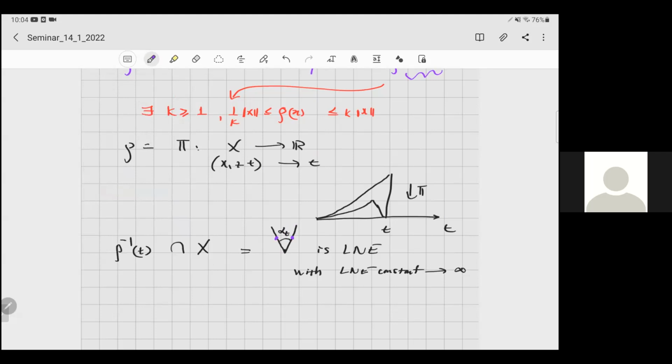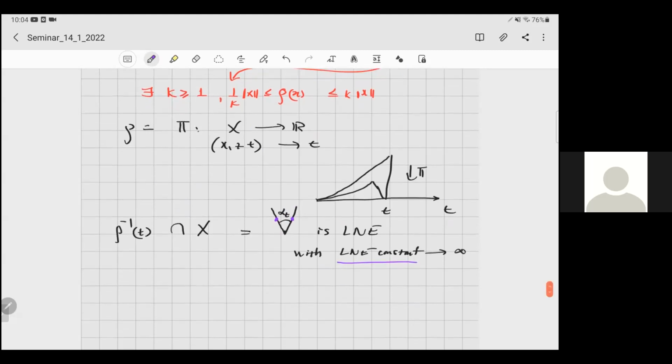So by inner metric, we have to pass through the origin, but the angle is smaller. It means the distance will become bigger and bigger. Because the Lipschitz constant here is not uniformly bounded, so this is not locally Lipschitz trivial at x0. So I finished the proof.